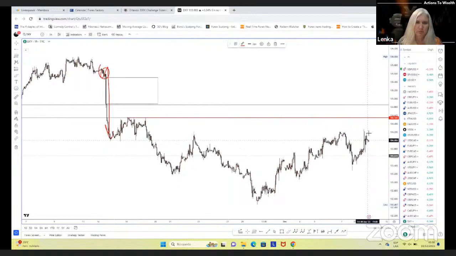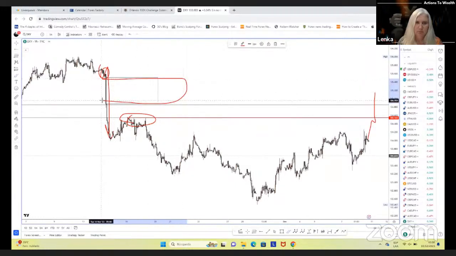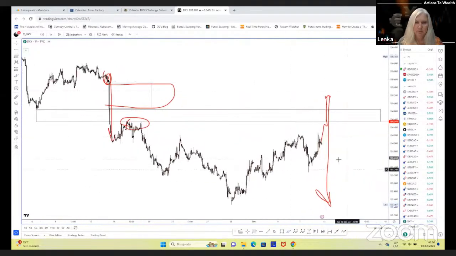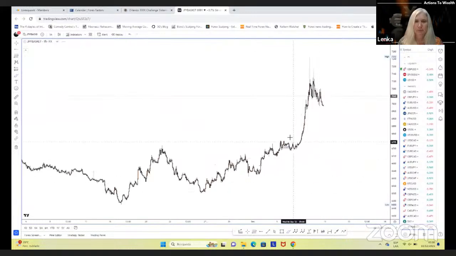I always wait for price to come back up, liquidate these weak players, fill this gap or inefficiency, and then I look for my entry for shorts. So, what I'm looking for at the open is a rally above those highs on the US dollar to look for shorts. On the Japanese yen side, quite different because let me just delete this, remove drawings.